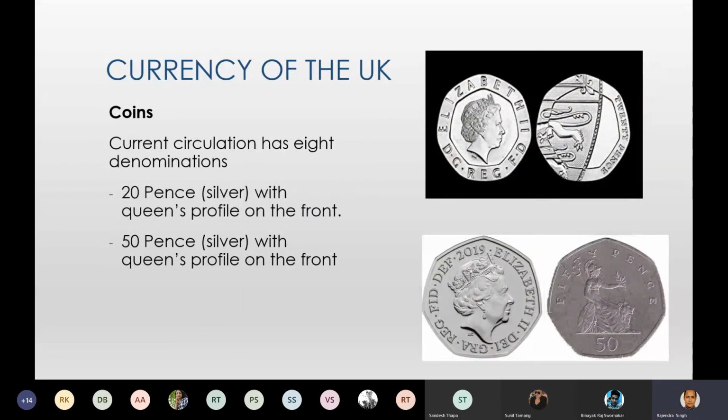Higher than 10 pence would be 20 pence, and then 50 pence. Again, they're made of silver, with different pictures and a numerical designation that signifies how much pence it is.